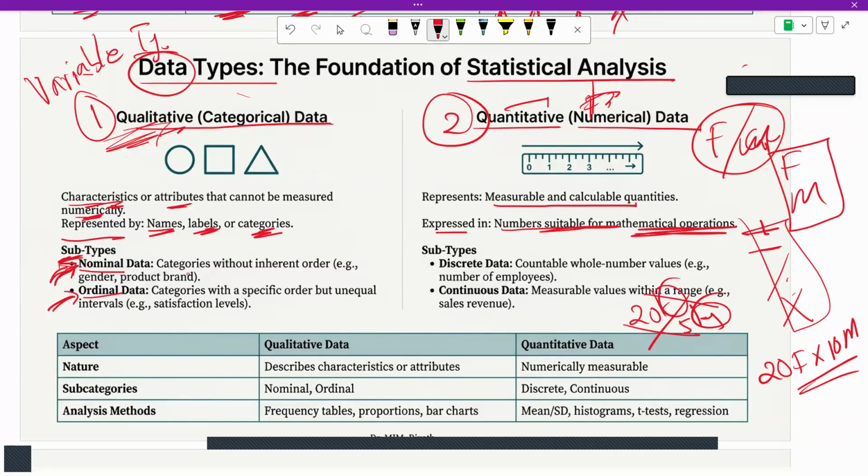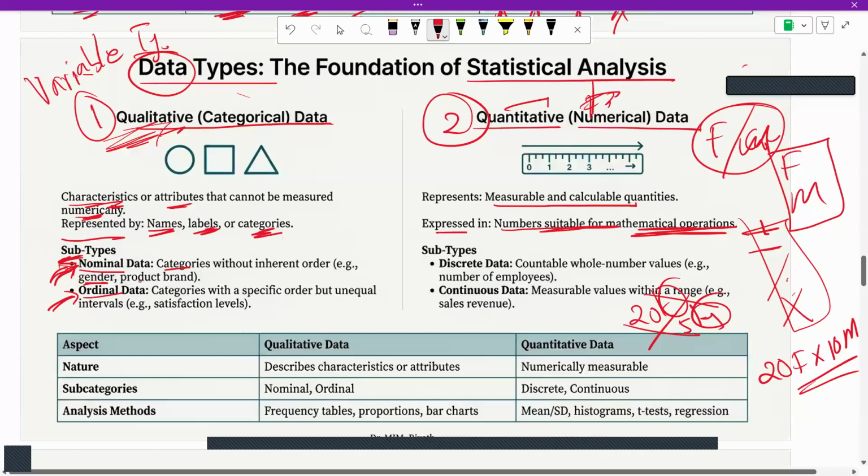Nominal data are categories without inherent order, like gender, product brand. We can't order. For example, Apple is a brand, Tesla is a brand, Pepsi is a brand, and Comba is a brand.